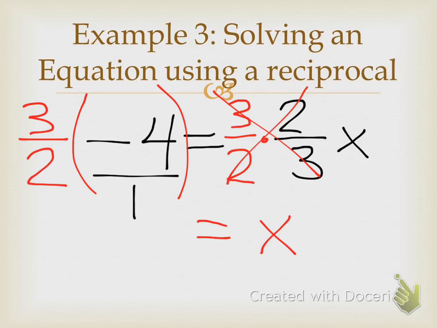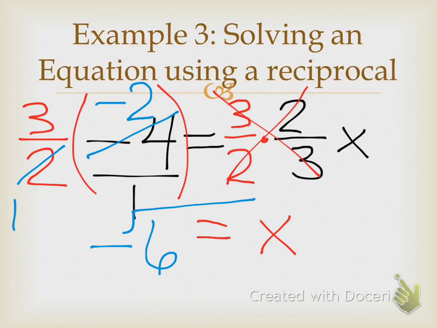Okay, so if I'm multiplying these, I could multiply 3 times -4 and get -12 and divide by 2, or I could cross reduce. 2 down to 1 and -4 down to -2. You must keep your negative. Don't forget that you're multiplying a positive by a negative, which equals -6. Do not forget that, okay? That will give you the wrong answer. All right?